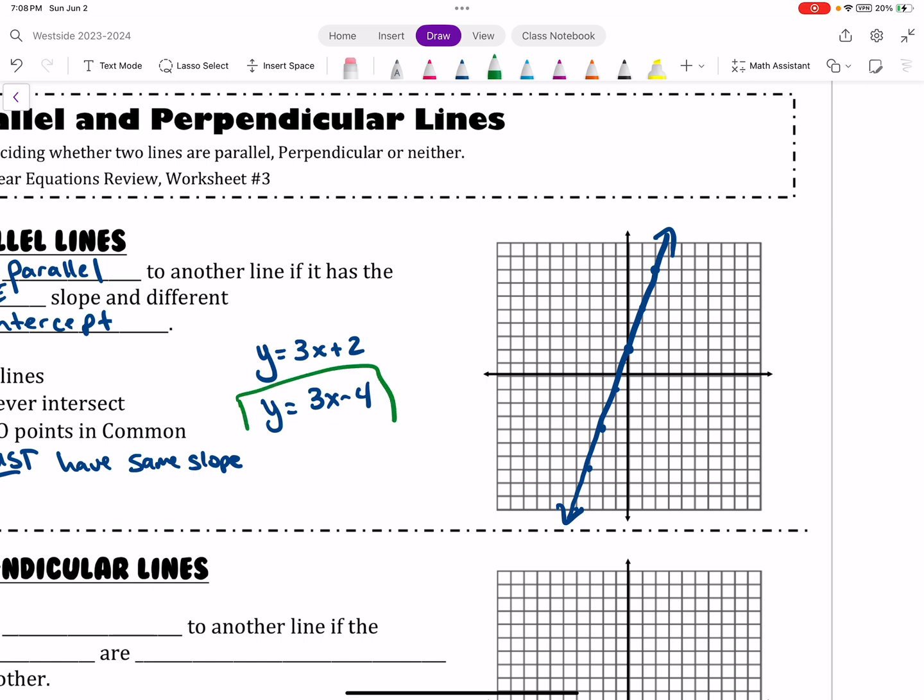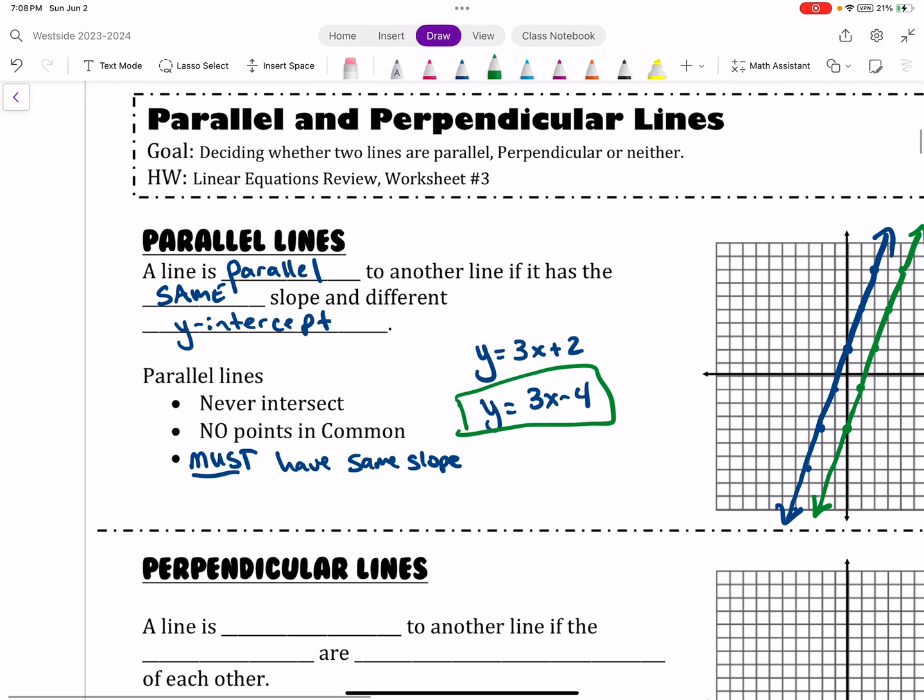We'll graph this one in green, and then I'd go minus 4, up 3 over 1. As you can tell, with these having the same slope, these are parallel lines. They will never cross, and they have no points in common.